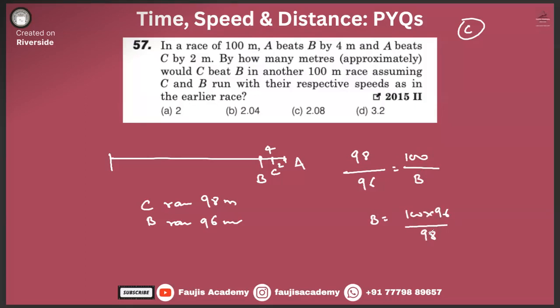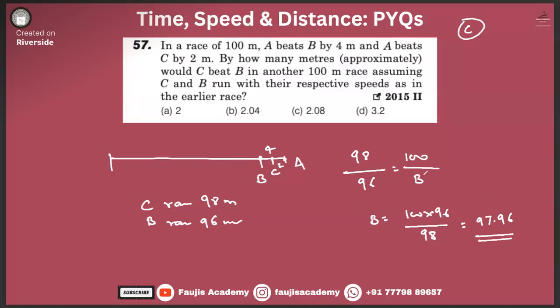How much is that? This value is 97.96, the distance that B will be running. I used the calculator, do not freak out.